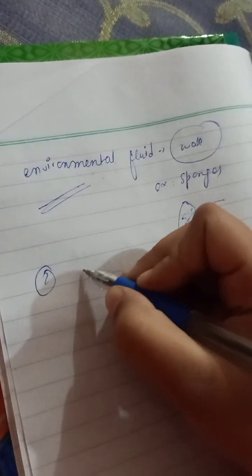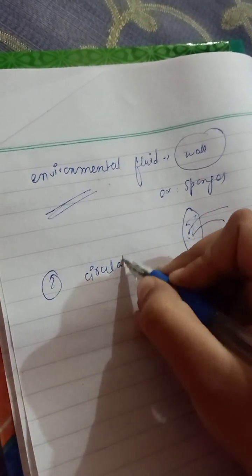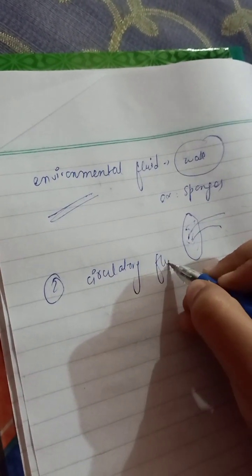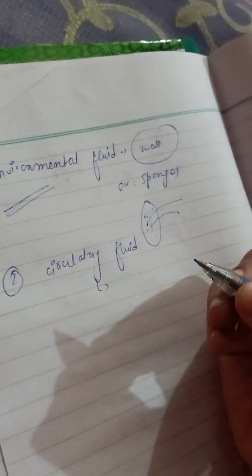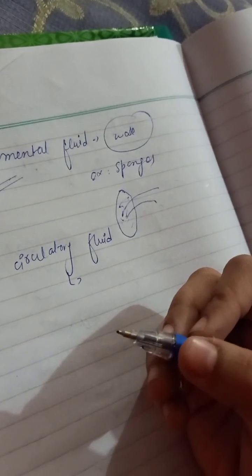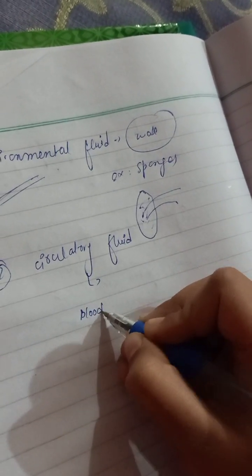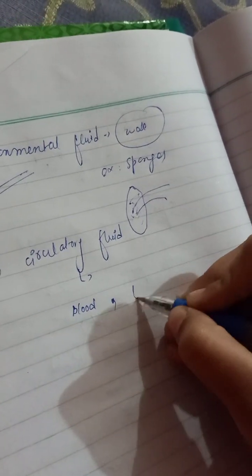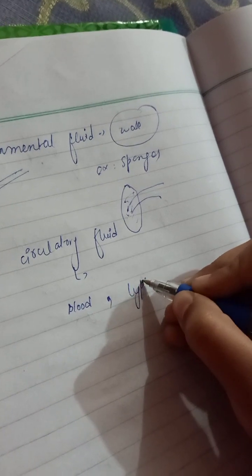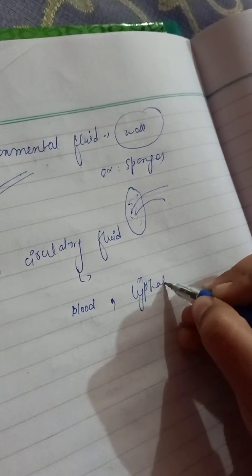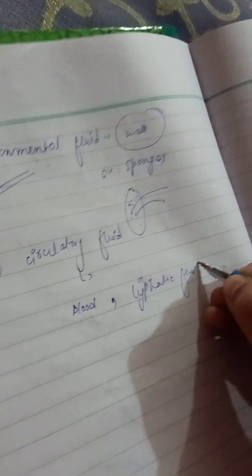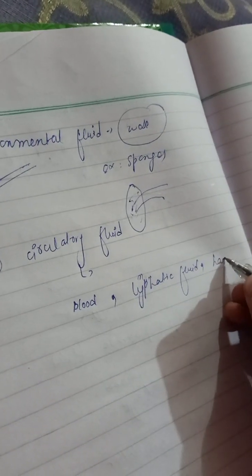The second is the circulatory fluid in higher living organisms, or you can say internal fluid circulation. They have a medium, that is blood or lymphatic fluid, or you can take the example of hemolymph.